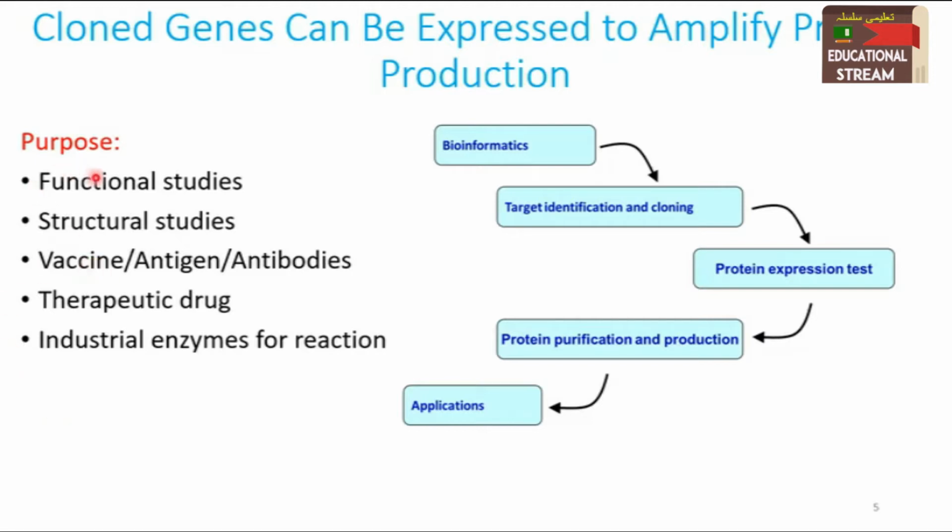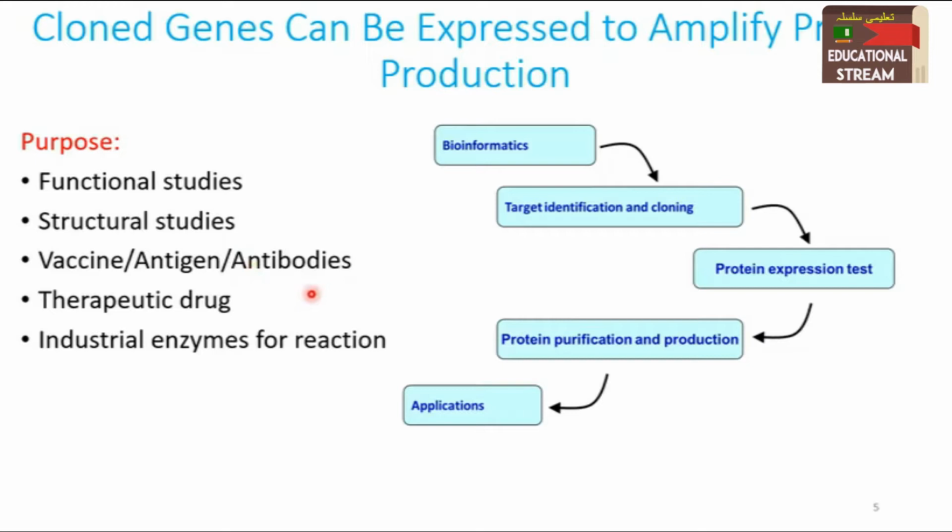For instance, to elucidate protein function, to study reaction mechanisms, to study industrial enzymes used in various reactions, to carry out structure studies, or because the protein can be used as a vaccine, antigen or antibody, or has some therapeutic application.